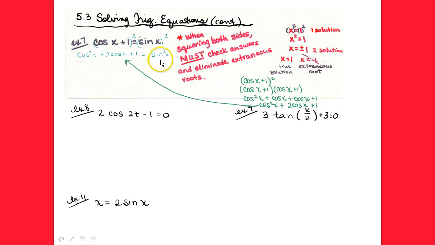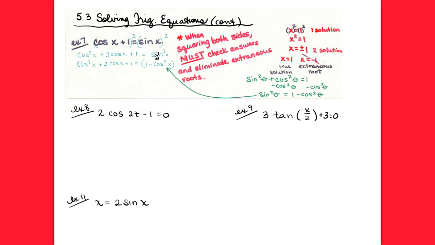So it would be better off for me to replace sine squared with its trig identity. Sine squared is 1 minus cosine squared. And I know that we've done this repeatedly over the past couple of weeks, but that identity is sine squared plus cosine squared equals 1. So if you want to know what sine squared is equal to, just subtract the cosine squared from both sides, and you'll get sine squared is 1 minus cosine squared.